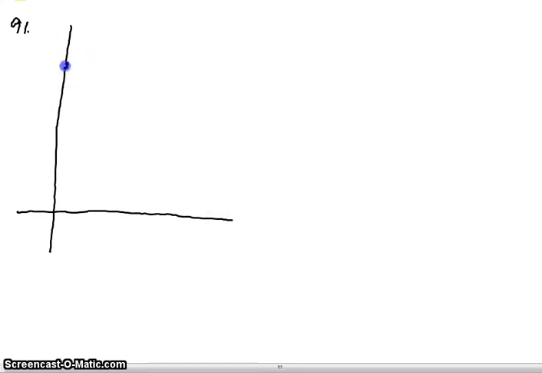So number 91 talks about this graph, and it has this line that goes through the y-axis at some point, and it goes through the x-axis at some point, and they label them both.